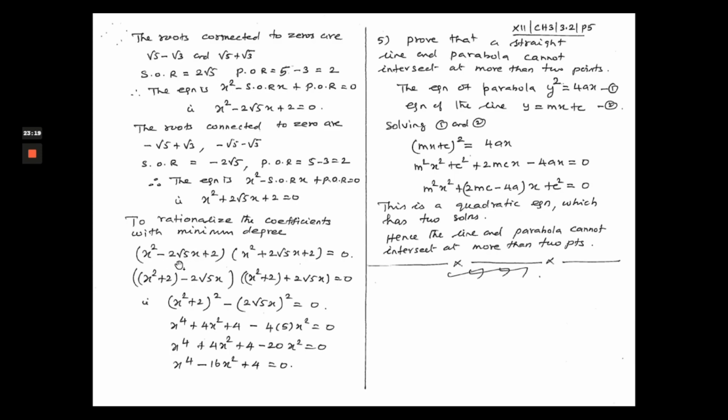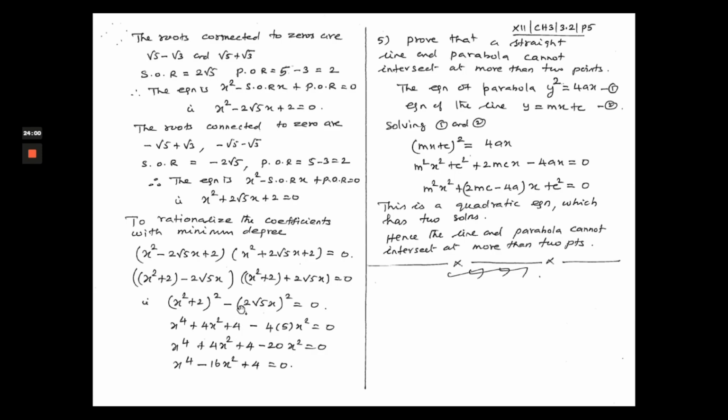x squared minus 2 root 5 into x plus 2, x squared plus 2 root 5 into x plus 2. So x squared plus 2 minus 2 root 5 into x, x squared plus 2 plus 2 root 5 into x. This is a minus b into a plus b: a squared minus b squared, that is x squared plus 2 whole squared minus 2 root 5 x whole squared. Expanding with the a plus b whole squared formula: x squared whole squared is x power 4, 2 squared is 4, 2ab is 2 into 2 into x squared, 4x squared.